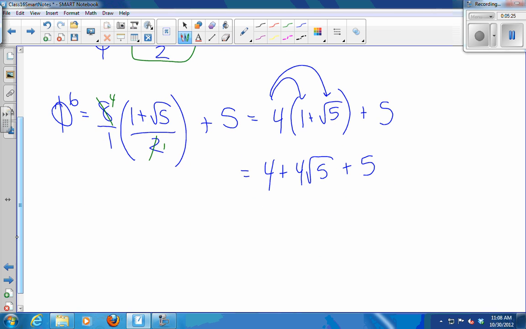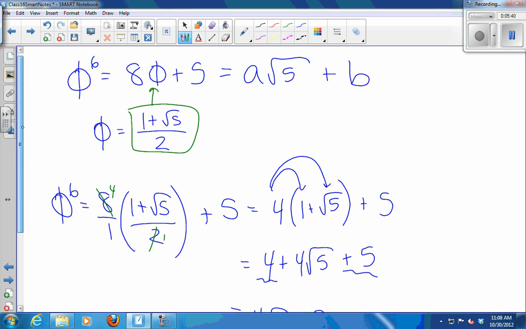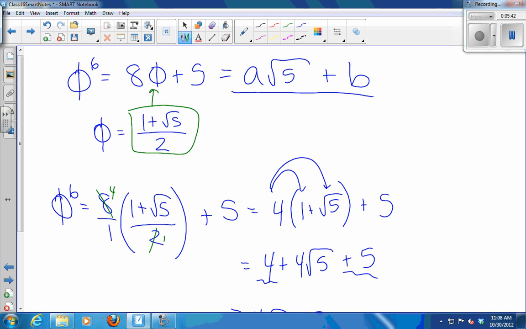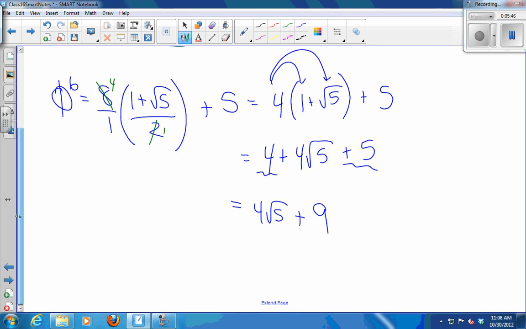And then I can just combine like terms. So I have 4 square roots of 5, and then I have 4 plus 5, which is plus 9. So I made this look like what they asked me to: something times the square root of 5 plus something else. My A is a 4 and my B is a 9.